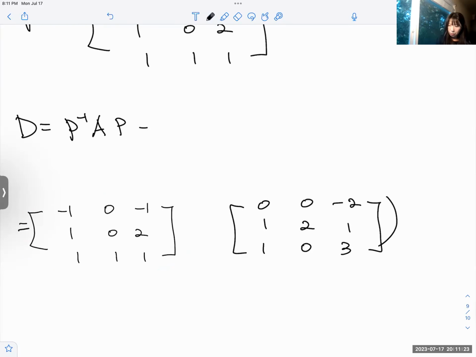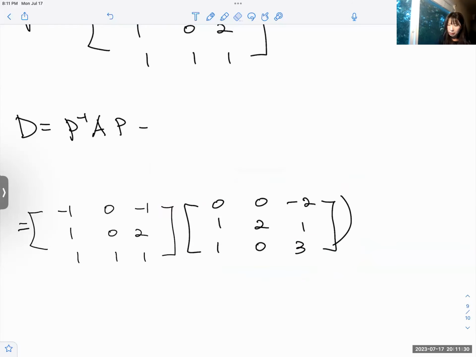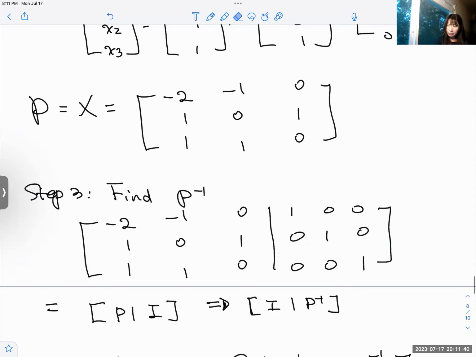All right, so we do the matrix P of eigenvectors. So we have this one.